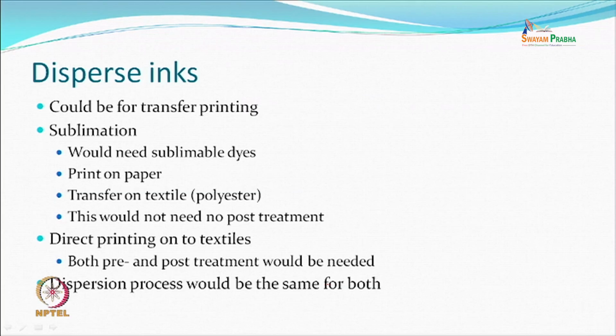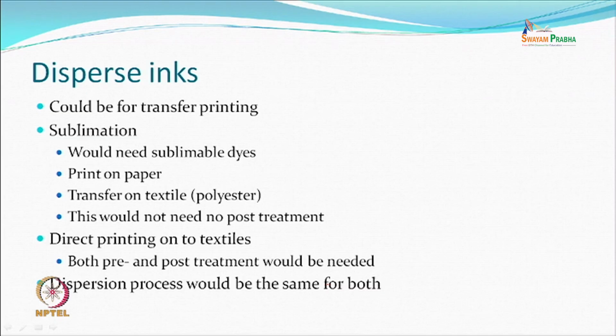So, you have inks for transfer printing, digitally it can be printed. They will have the sublimation type of dyes, print on paper, and transfer on textiles. When we talked about transfer printing earlier, the printing could be done with sublimable dyes by any method, roller, rotary or anything else. But now the inkjet is becoming popular for this purpose as well.